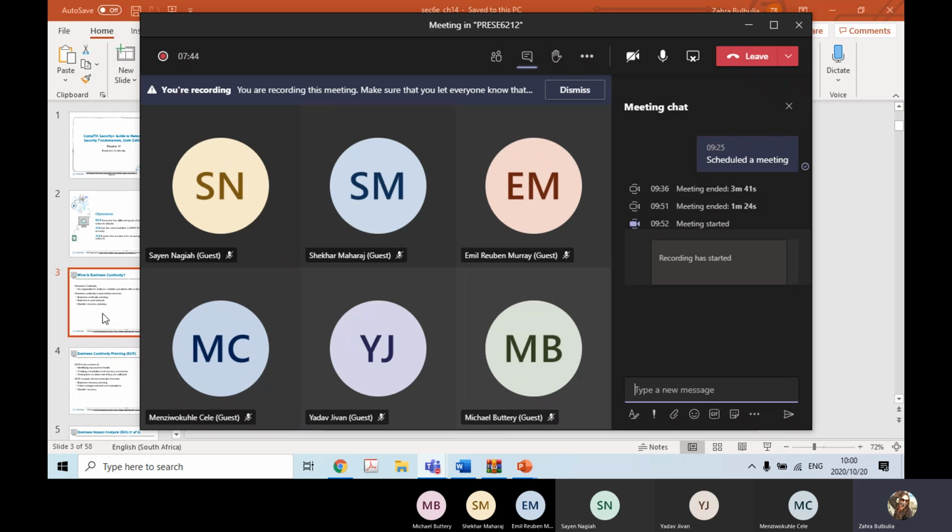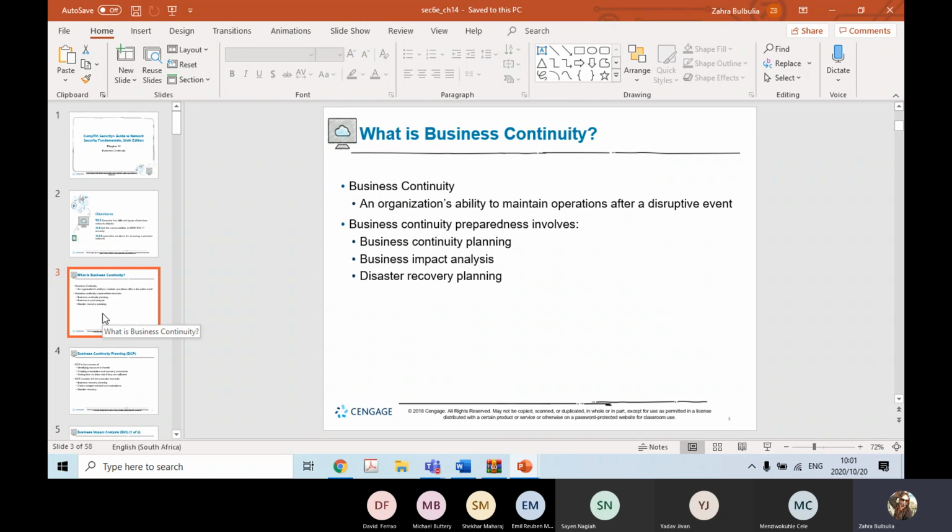Now, risks are undesirable events that occur. Business continuity means that when a risk happens or when a threat actually happens and your systems get hacked and go down, how do I then continue while I'm fixing my problem? So basically, they say this in your textbook.